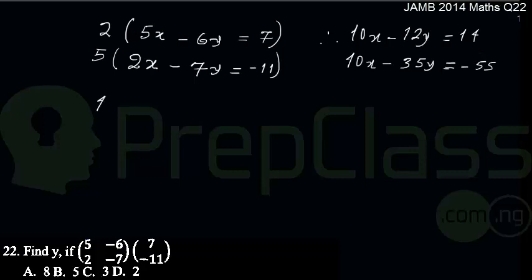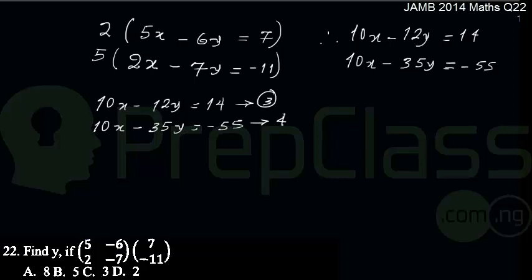So, I will have 10x minus 12y equals to 14 as equation 3, which is different from equation 1. And I will have 10x minus 35y equals to minus 55 as equation 4.